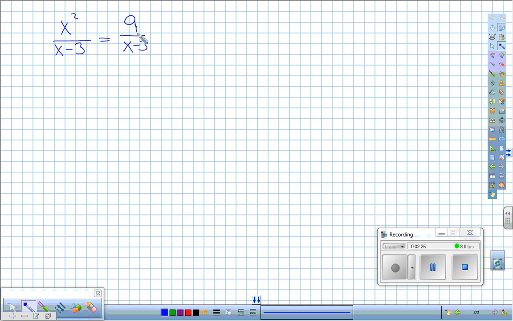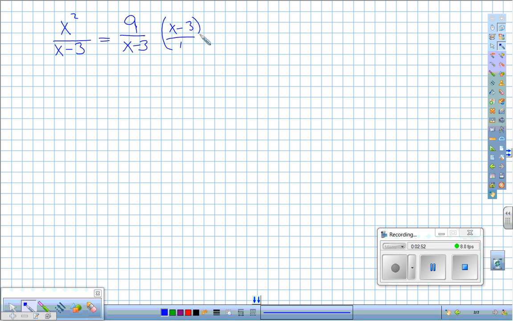Anytime I have anything over the same denominator, I can basically almost ignore the denominator, and I'll show you how this works. But I still want to see these steps. I need to get x minus 3 out of the bottom, so I'm going to multiply both sides by x minus 3.